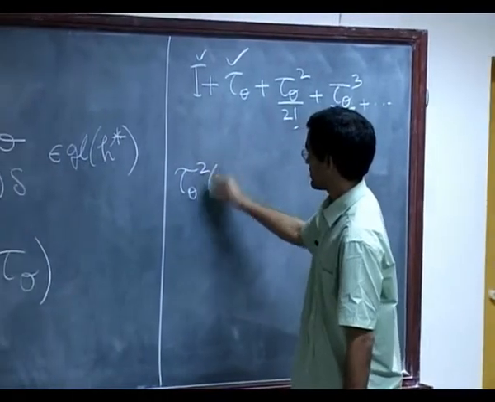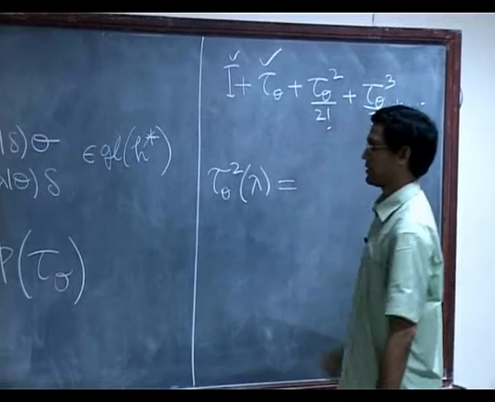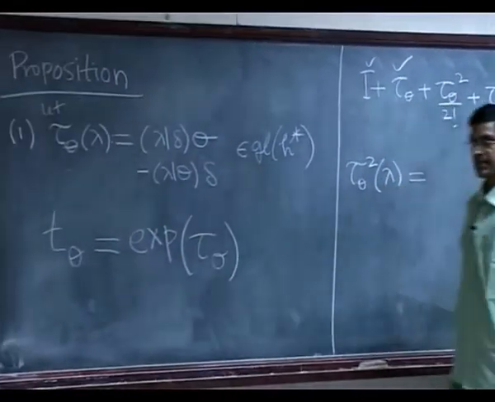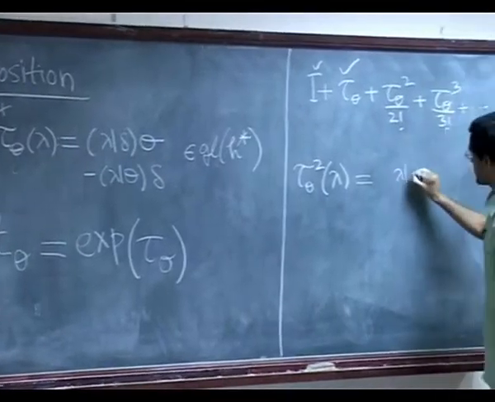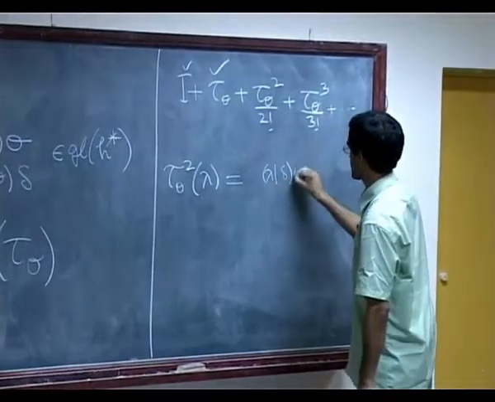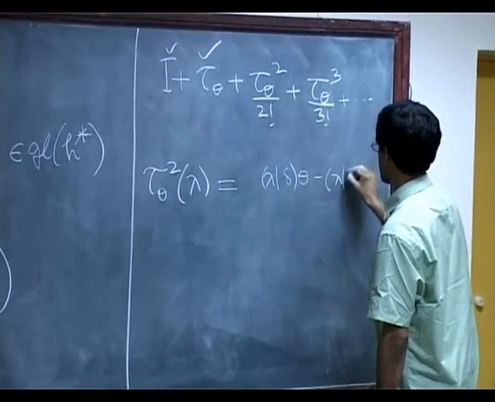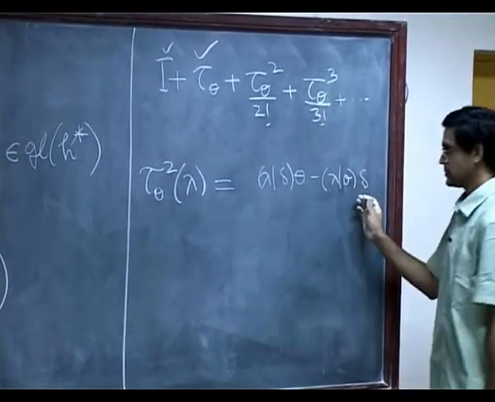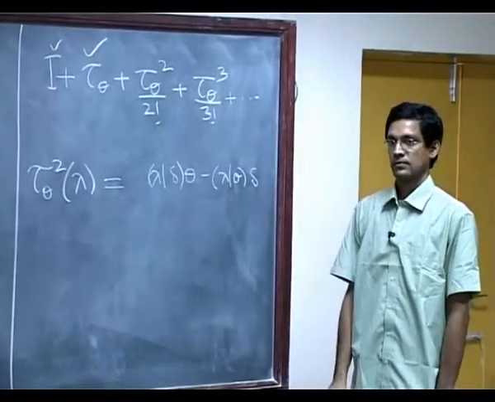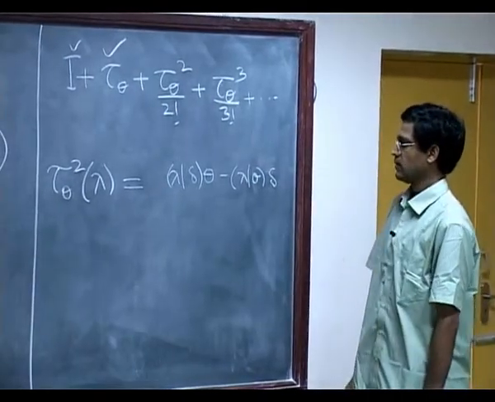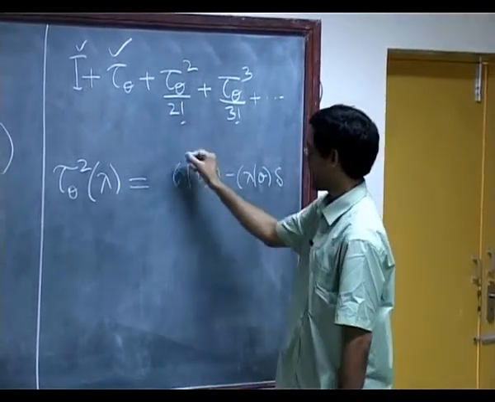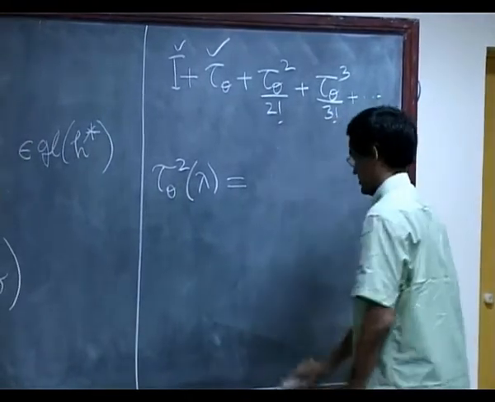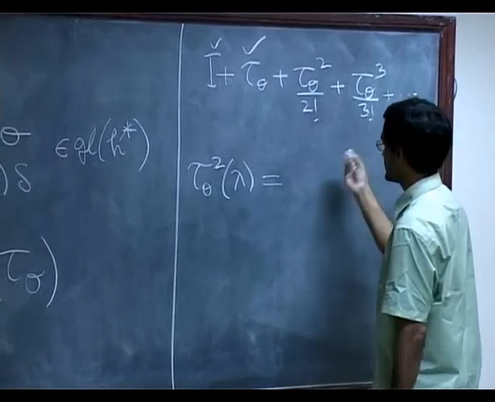Let us apply tau theta twice. The first time you apply tau theta, you get lambda delta theta minus lambda theta delta, so that is your new lambda, and now to this you must act again. It is probably too confusing to keep all these terms the whole time.